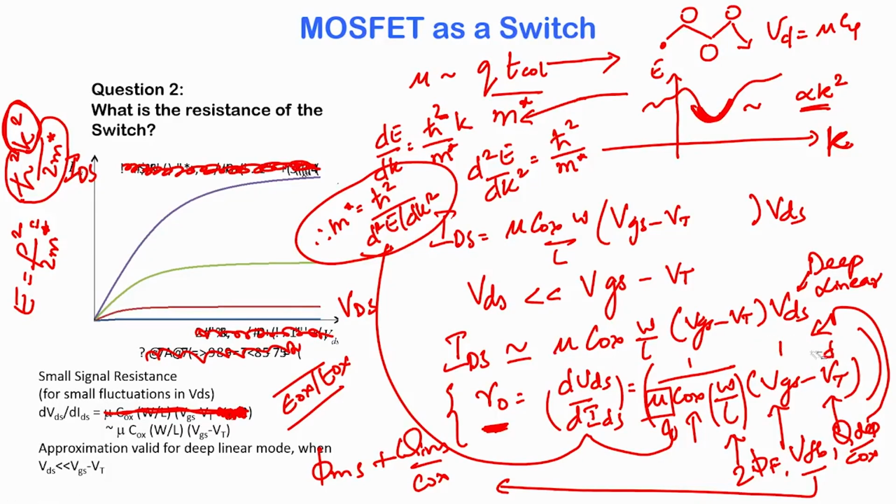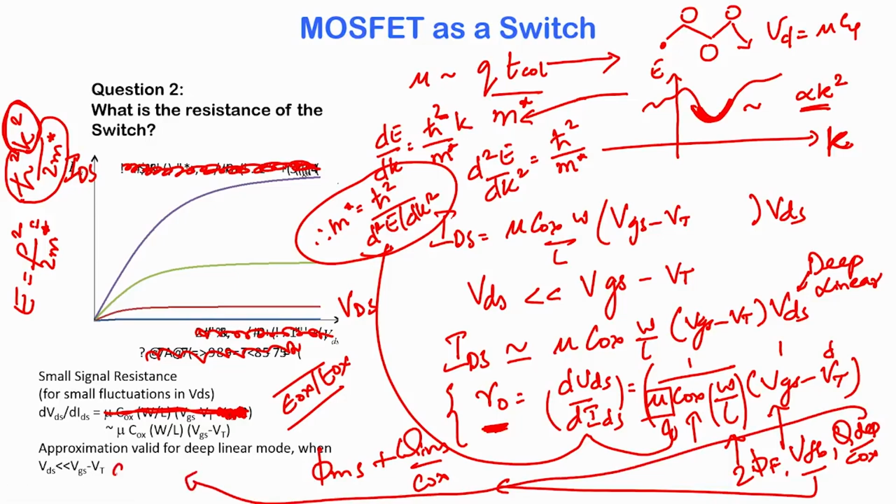Sorry, it is a very crowded slide here. So, Q depletion depends on Q Na into XD, okay, and what is Na?